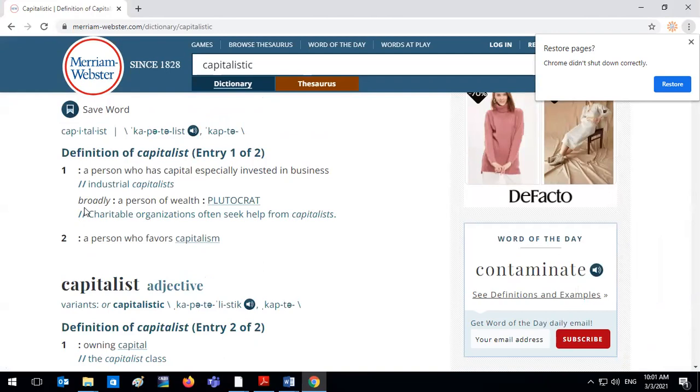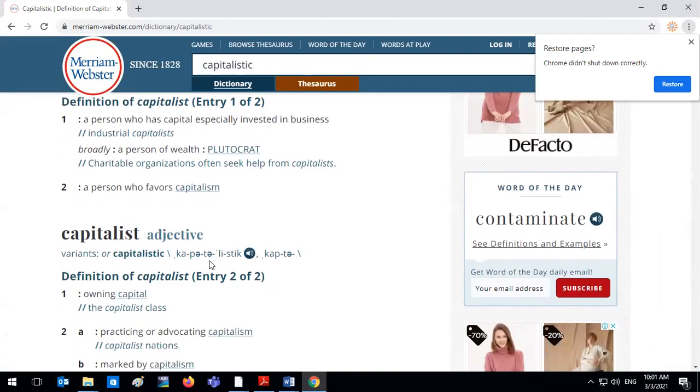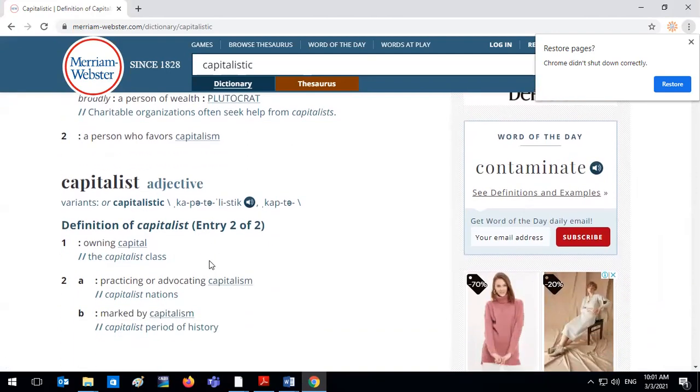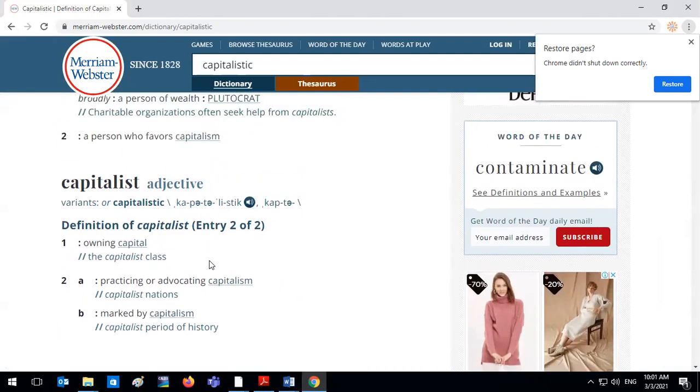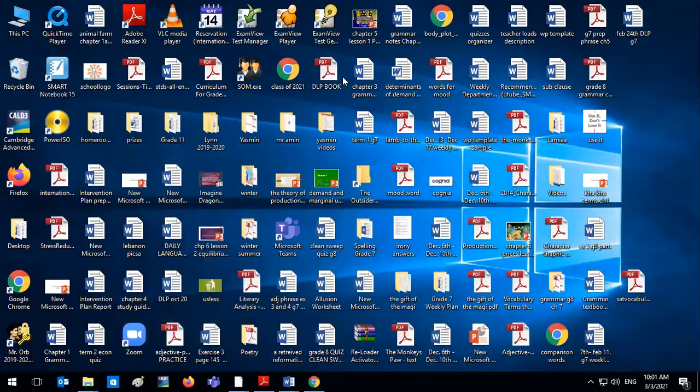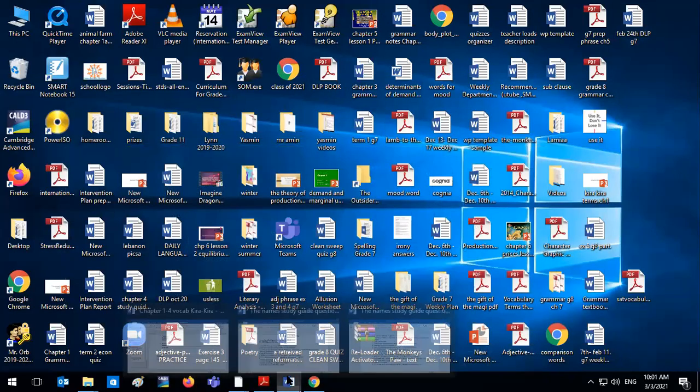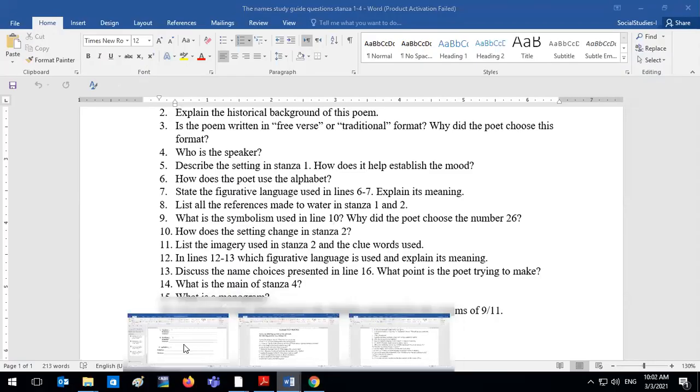The idea of capitalism is supporting that people can own certain goods, and the idea of being wealthy, owning property and money.